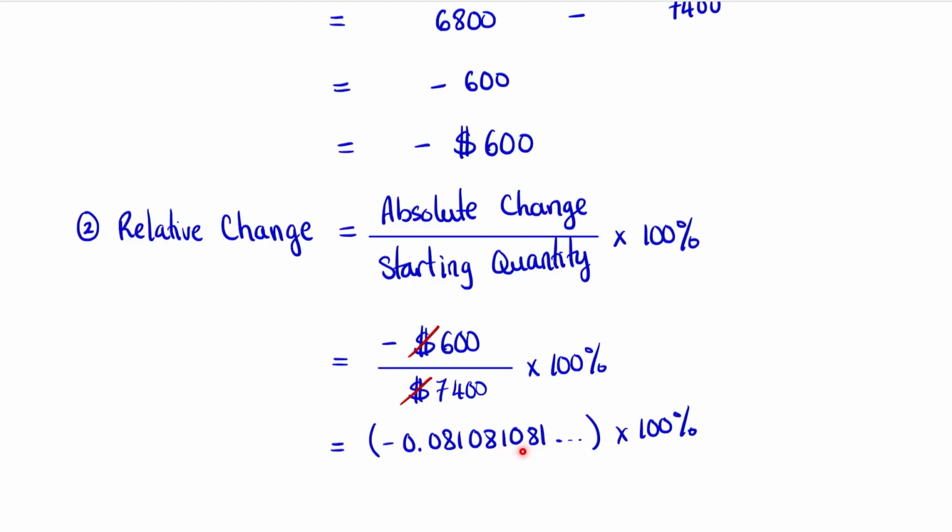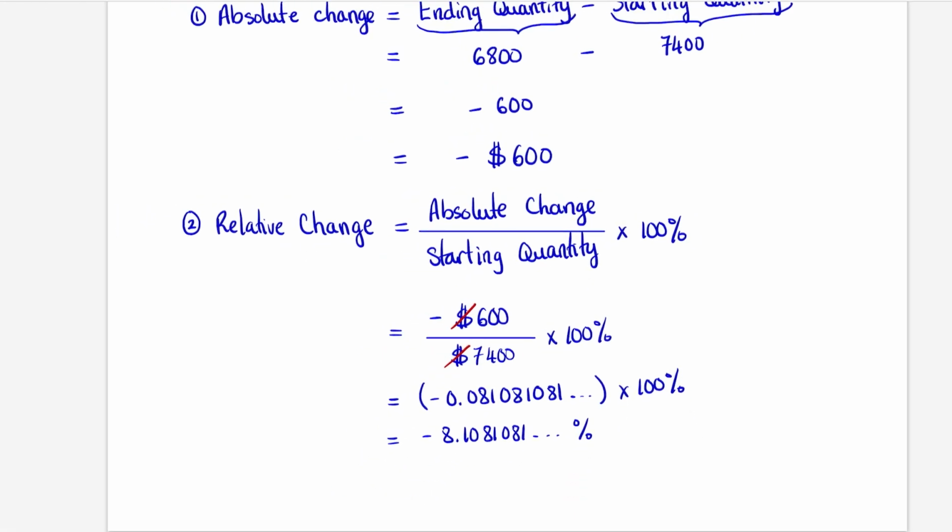The digits 081 will keep repeating. Then now I'll take this decimal, multiplying by 100. I get negative 8.1081081081 percent. Go back to the question.